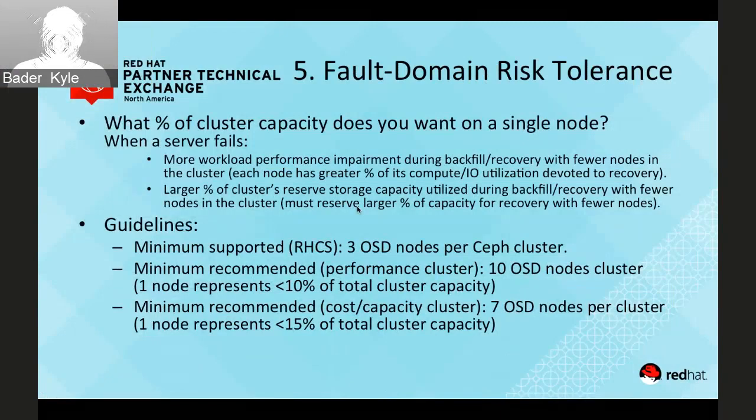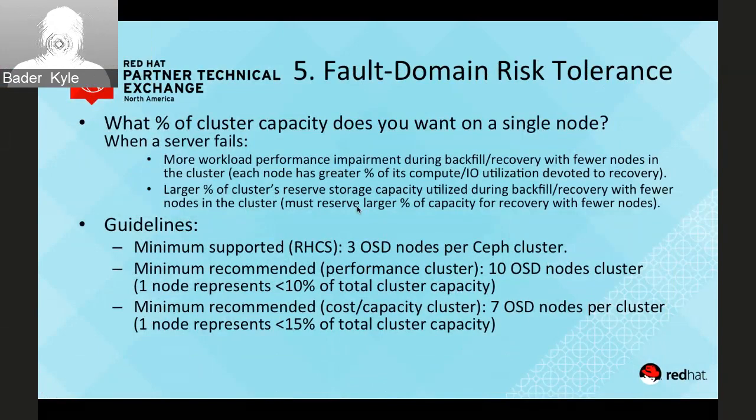So if you have the absolute minimum 3-node cluster, and one of those hosts fails, you lose 1/3 of your capacity, and not only is there less aggregate cluster bandwidth available, but the remaining bandwidth also has to deal with the recovery of that failed host.